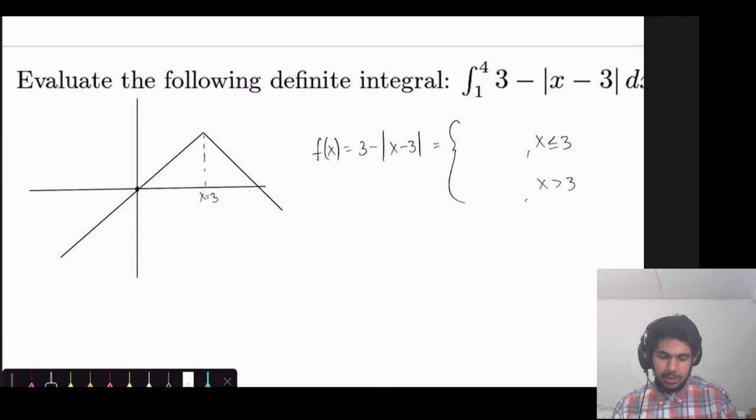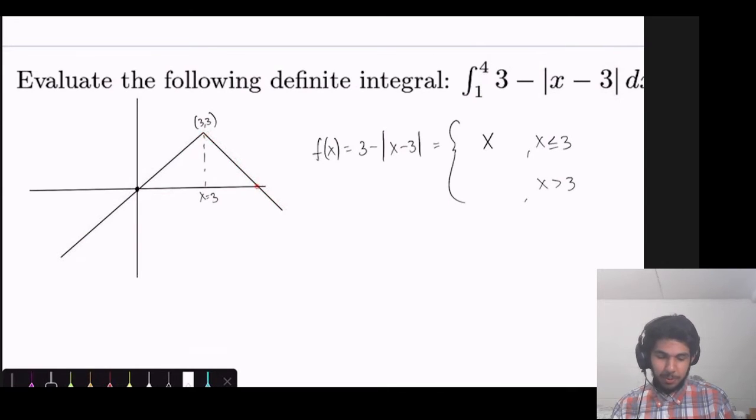So when x is less than or equal to 3, we're on this line, and this is the point 0, 0, this is the point 3, 3. I should write that down. So that is the line x. And then here, when we're greater than 3, we're on this line. So we know one point on the line is 3, 3.